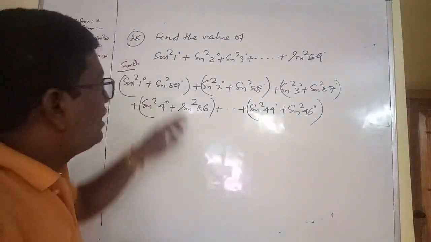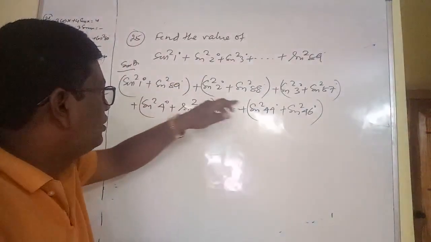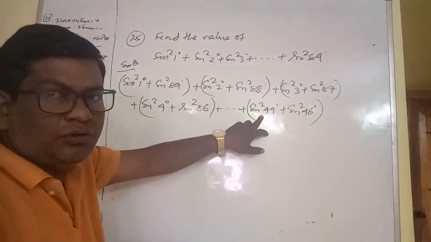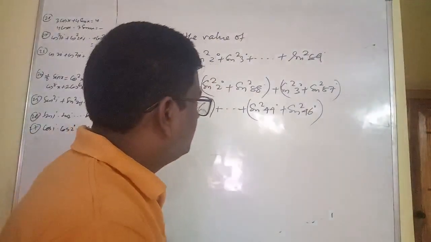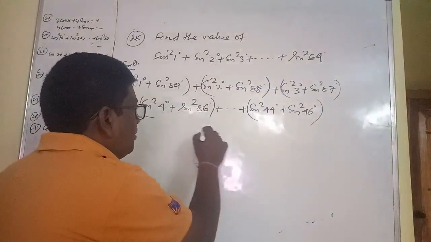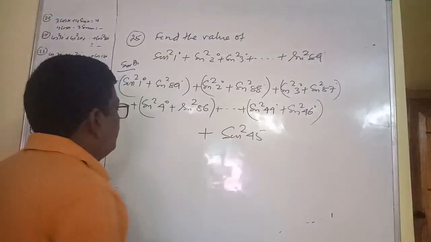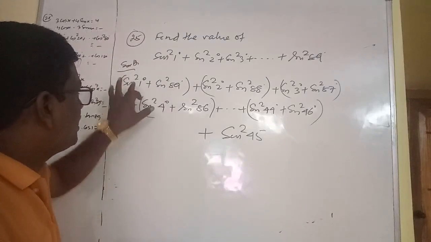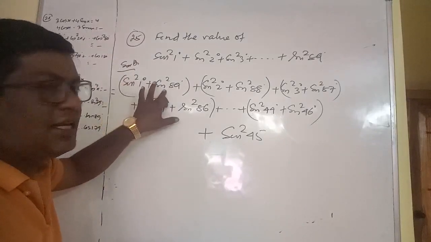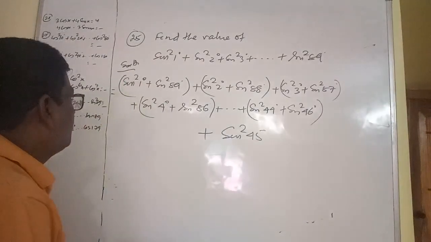The angle starts from 1 and ends with 89. So 1, 2, 3 up to 44, and the remaining term is sin square 45. Here this is sin square 1 and this is sin square 89. Sin square 89 means cos square 1.